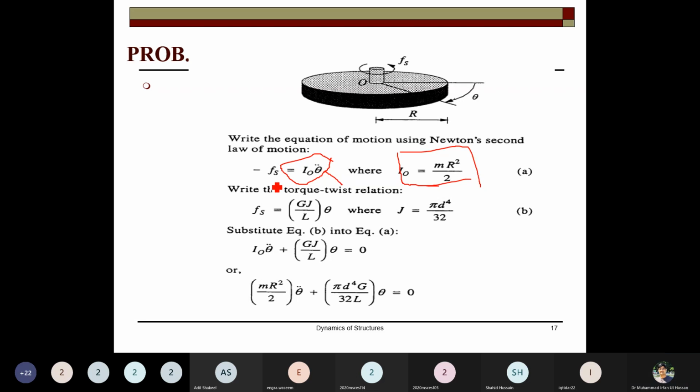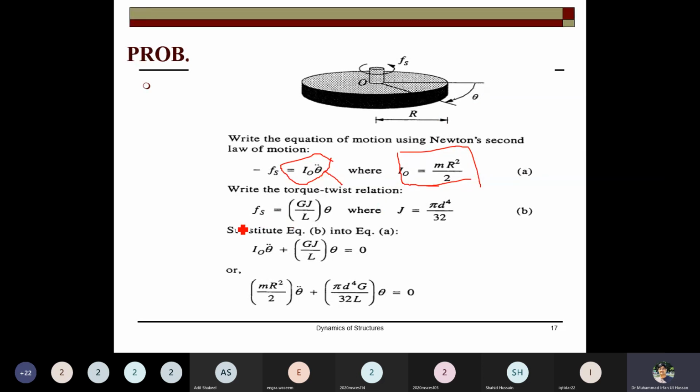So one thing is that you will write down the equation in terms of the mass moment of inertia. This is minus because the load was applied there and the angle is produced in this direction. That's why it is negative. And Fs, the torque twist.